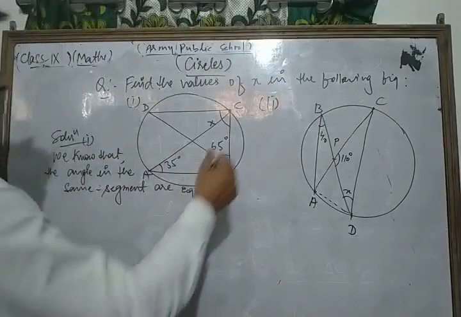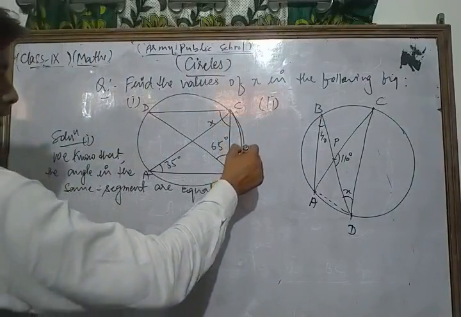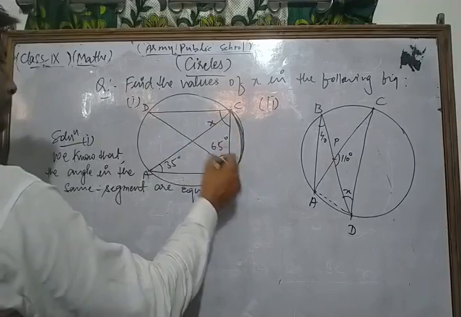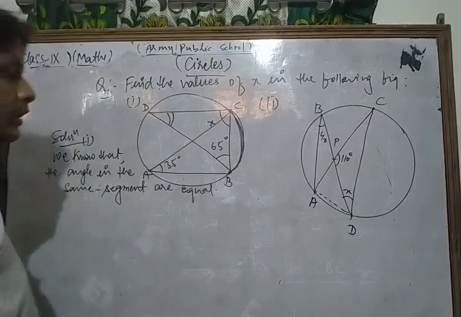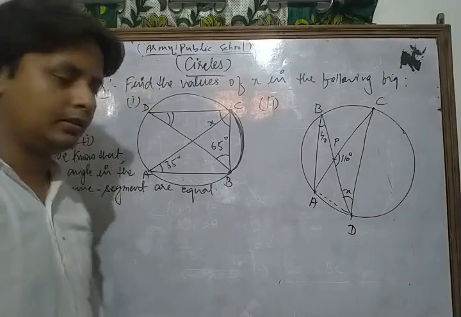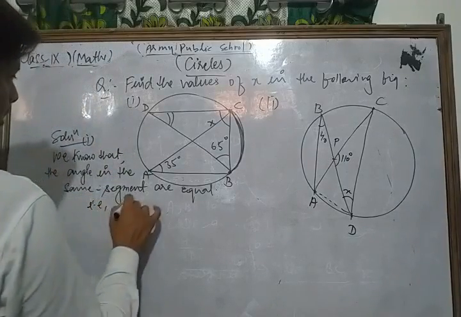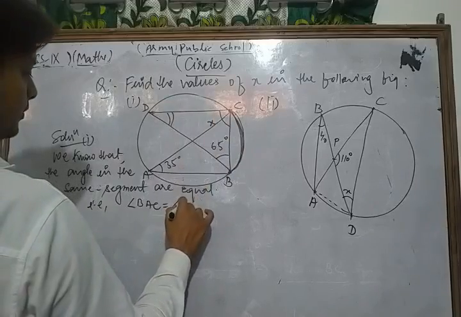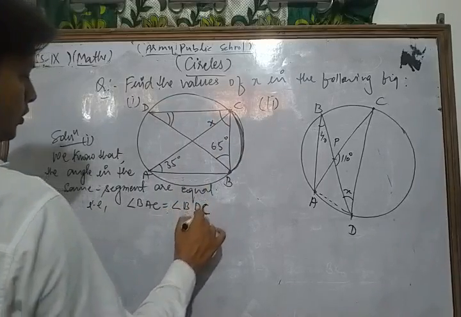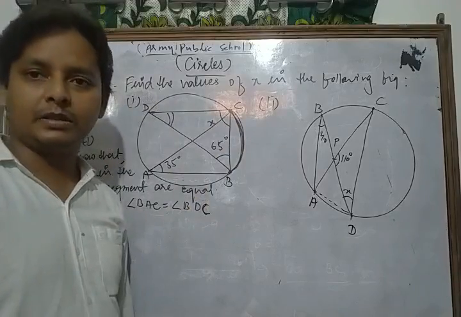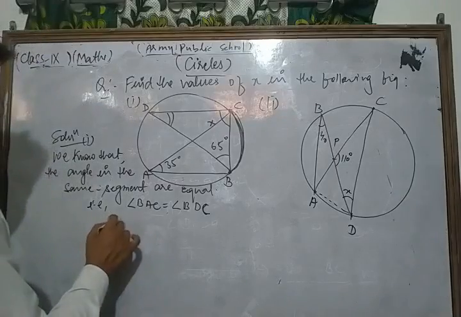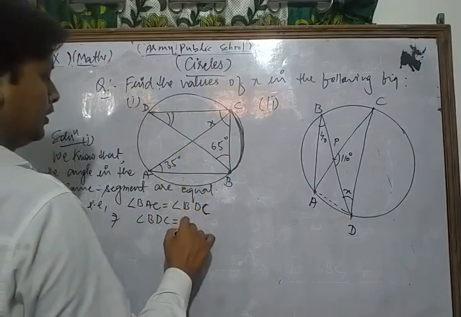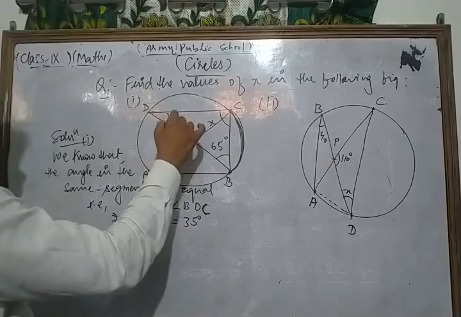Now look here, if we consider arc BC, then according to that concept, angle BAC and angle BDC are angles formed in the same segment, so angle BAC is the same as angle BDC, because these are angles in the same segment, which are equal to each other. So angle BDC is equal to what? 35 degrees. This is also 35 degrees.